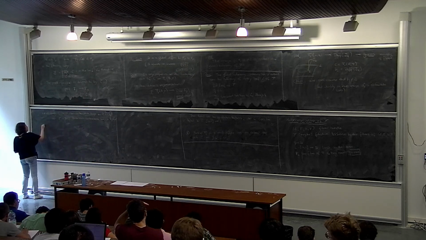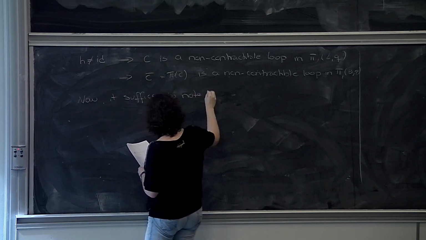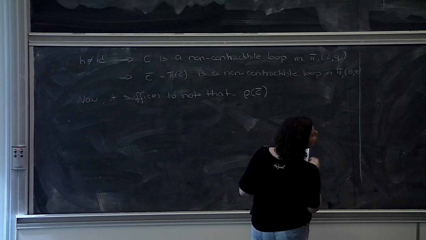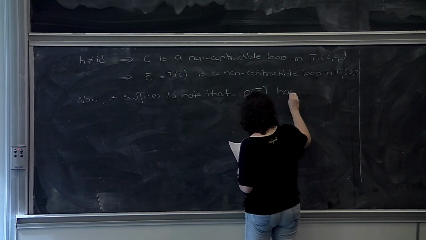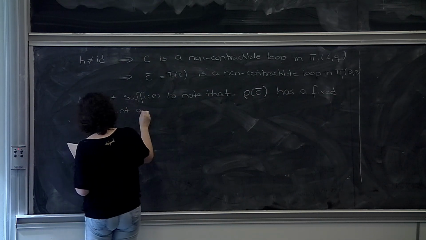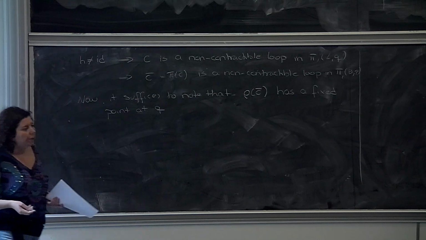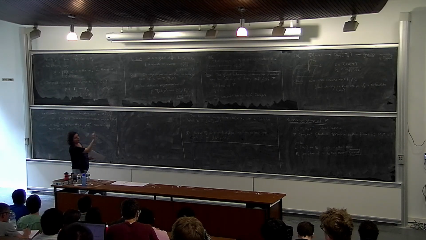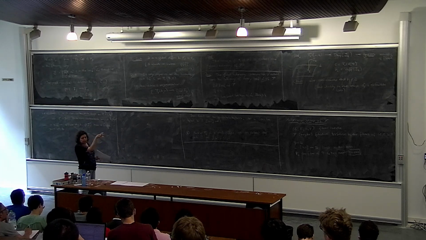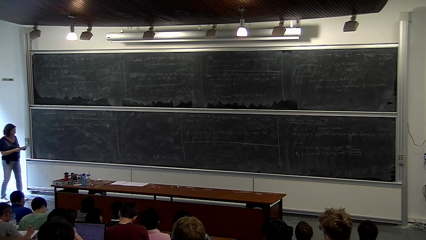Okay, so now it suffices to note that the image of this curve C bar, the lift, has a fixed point at Q. Well, but this is obvious because the curve C is a loop, projects down, so C is exactly the lift of the curve that is down, so we immediately have a fixed point.